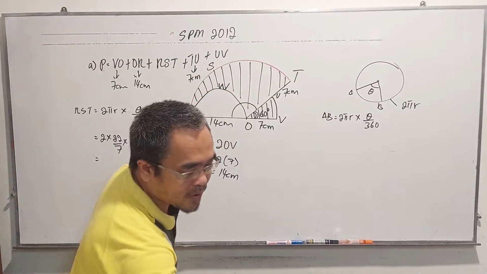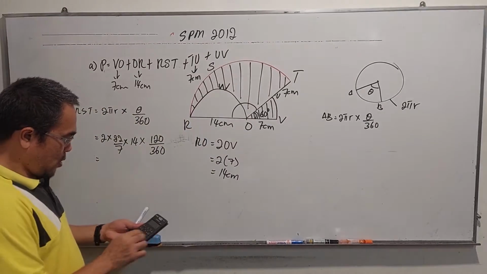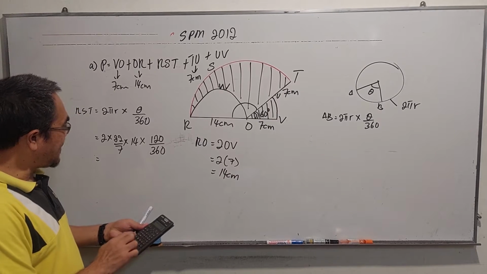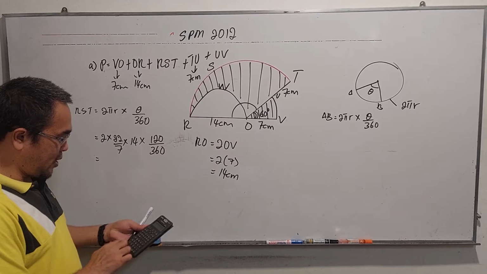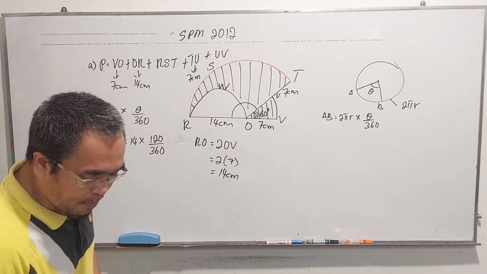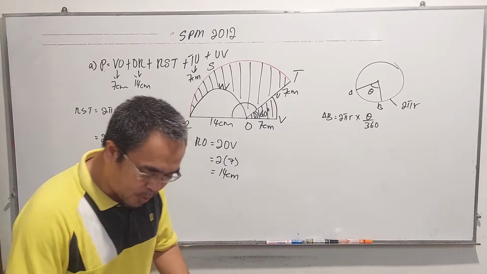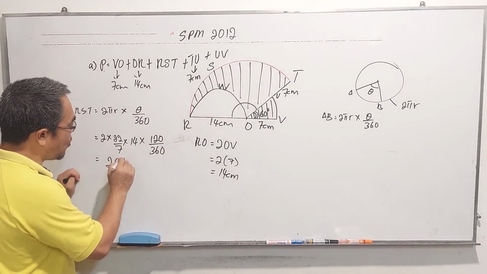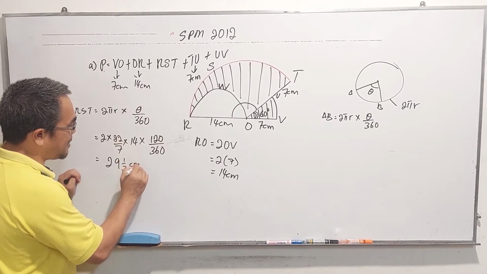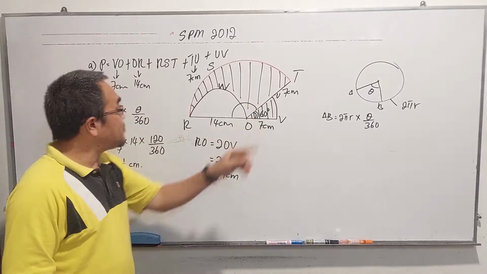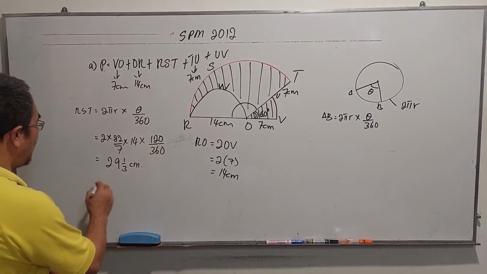So just use a calculator. 2 times 22 over 7 times 14 times 120 over 360. It will be 29.33, but I prefer to use a mixed number, 29 1/3 centimeter. The other arc length we have to calculate is UV.